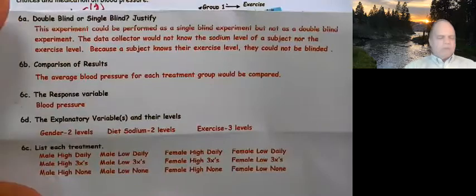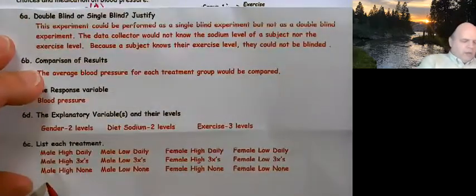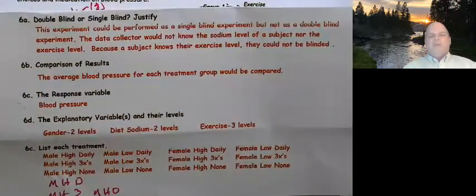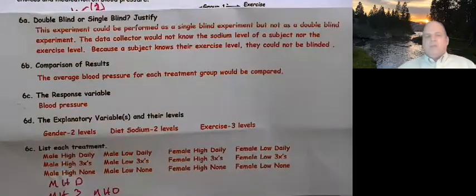And if you wanted to abbreviate those some way, that's fine. So you could have done something like this: male, high, daily. Male, high, 3 times. Male, high, 0. All right? But please make them in nice, neat columns. I know that's not a neat column, but do make them in nice, neat columns so it makes it easier for us to grade. But it's perfectly acceptable to abbreviate.